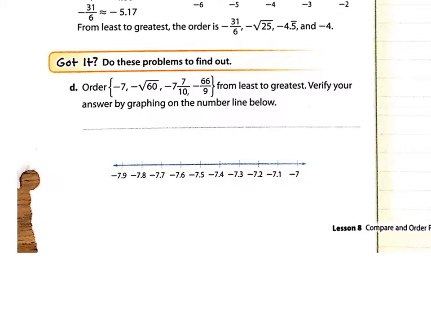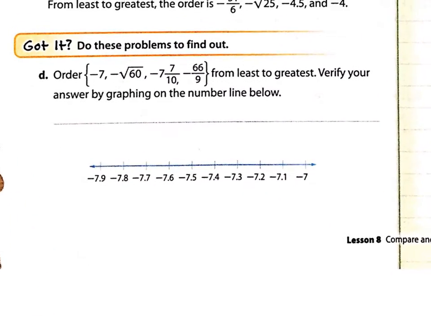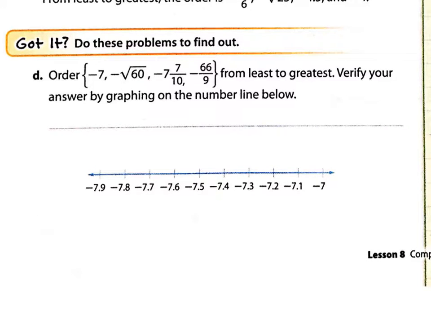So let's look at letter D. We're going to put these in order. Bro, stop dropping everything. So we got to figure out what these values are first. So we have -7 and then negative square root of 60. What's the negative square root of 60?